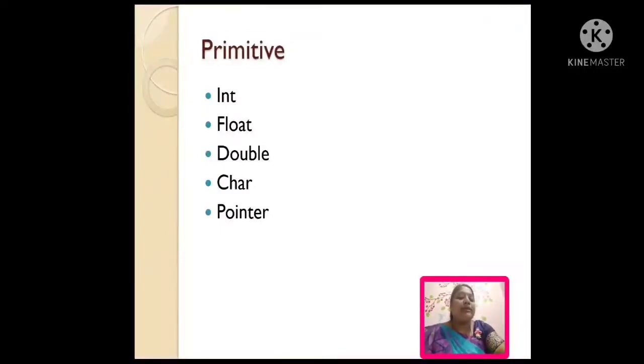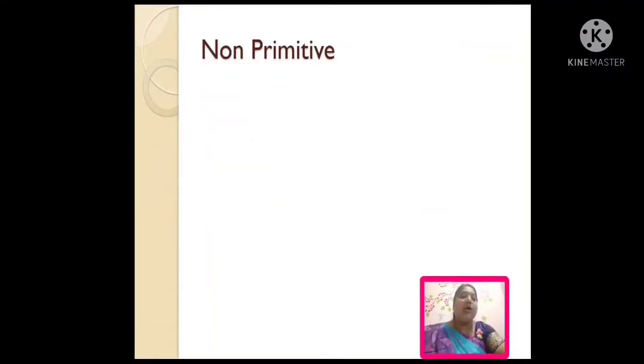So all the primitive data types tell the memory which is going to be occupied by the variable. That is why it is known as a primitive data type or primitive data structure, as opposed to non-primitive data structures. We have two types of non-primitive data structures.